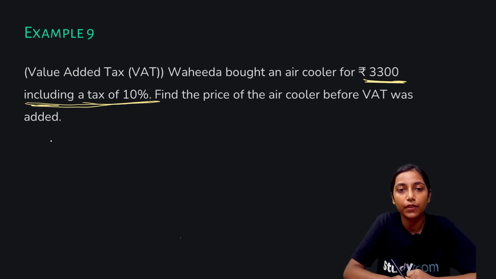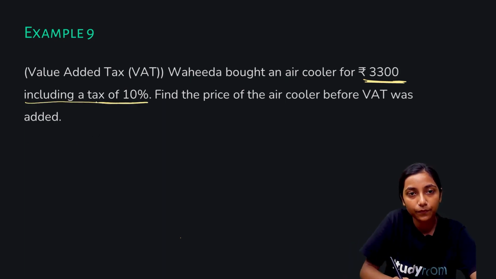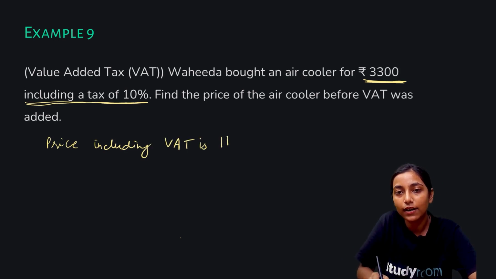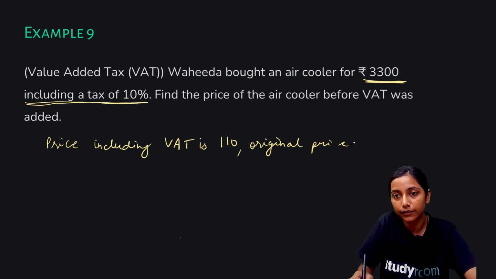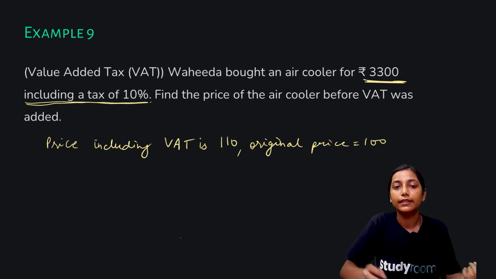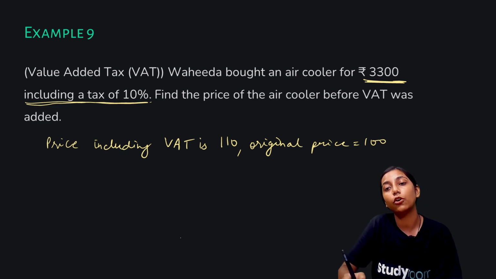This means that when the price including VAT is 110, the original price is 100. A VAT of 10% means that when the price including VAT, value added tax, is 110, at that time the original price is 100.